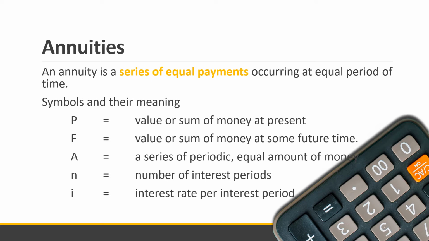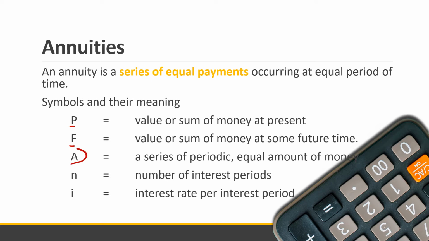The symbols involved in annuity problems are, first, P, the sum of money at the present, which is the present worth, and F, the future worth.